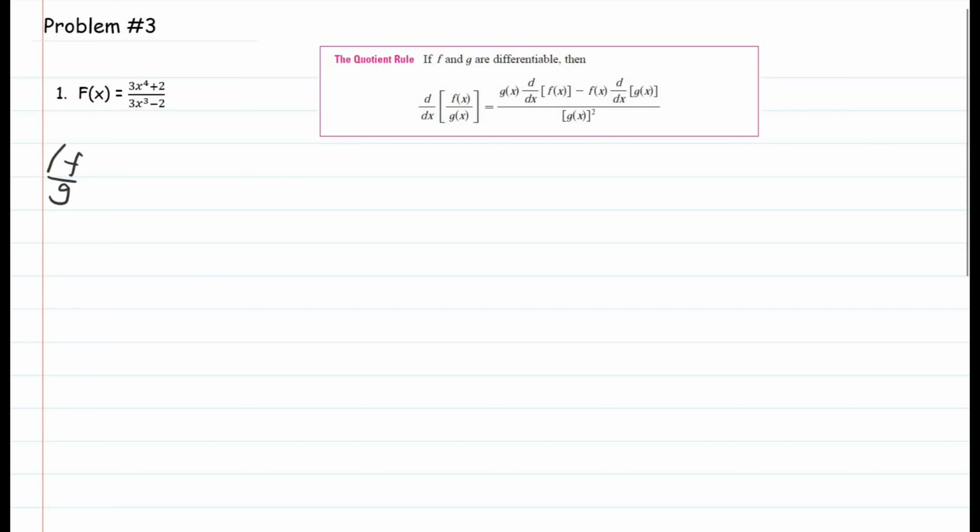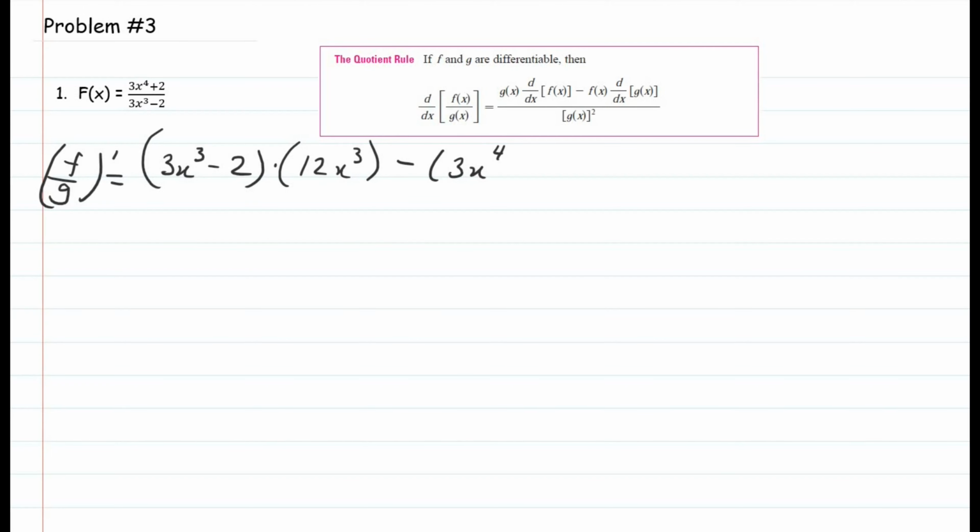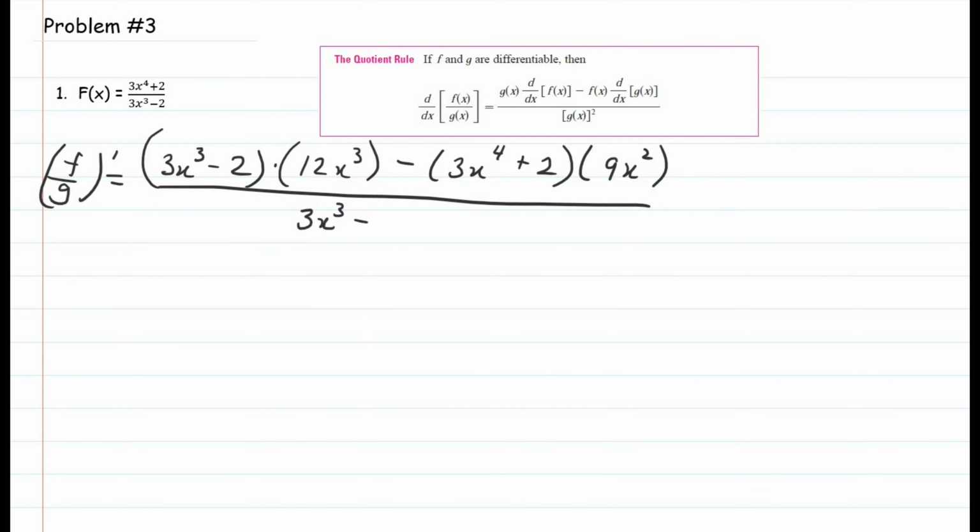So f over g prime is equal to, it's just g of x, so 3x to the third minus 2, times the derivative of f of x, which is 12x to the third, minus f of x, which is 3x to the 4 plus 2, times the derivative of g of x, which is 9x squared, all over 3x to the third minus 2 squared.